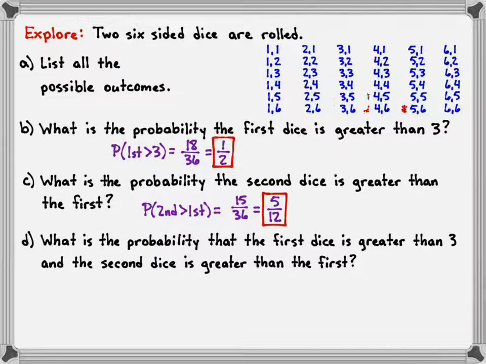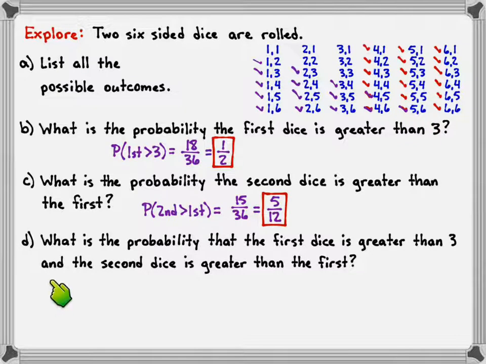Well, if I highlight all the different possibilities again, the red check marks here are the ones where the first die is greater than 3, and the purple check marks are all the places where the second die is greater than the first. You can see that there's somewhat of an overlap here, that these 3 cases are when both of those events are occurring together.